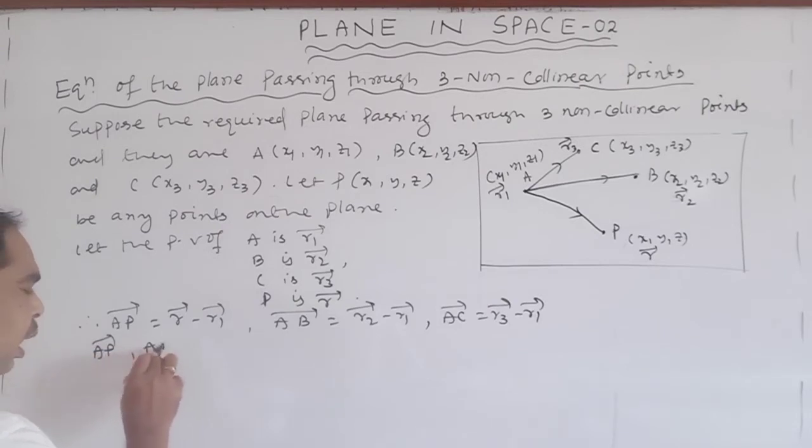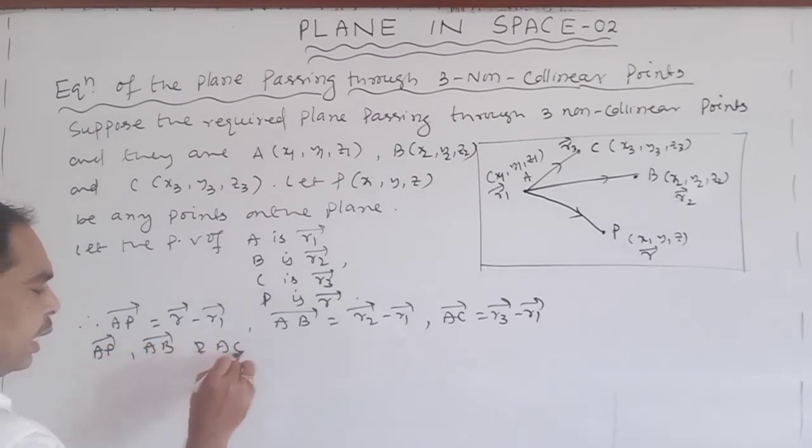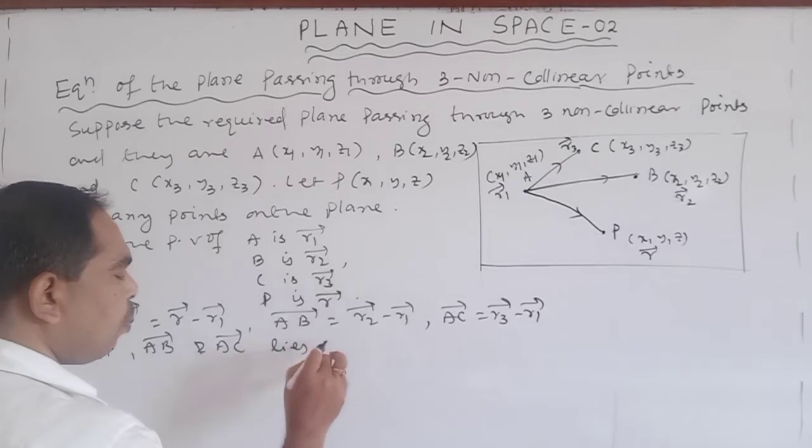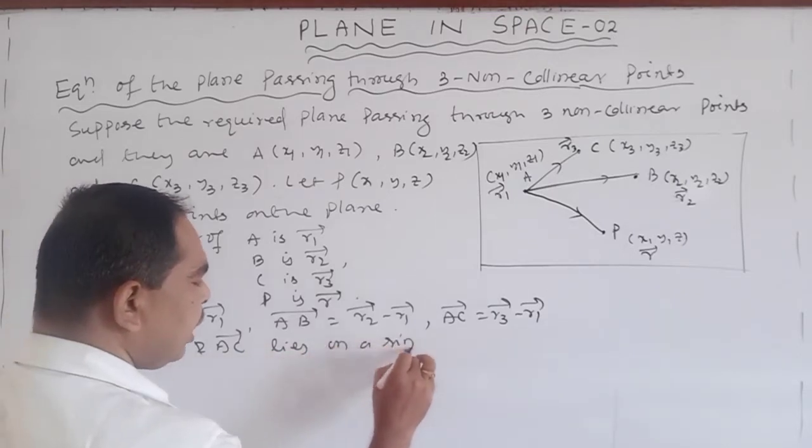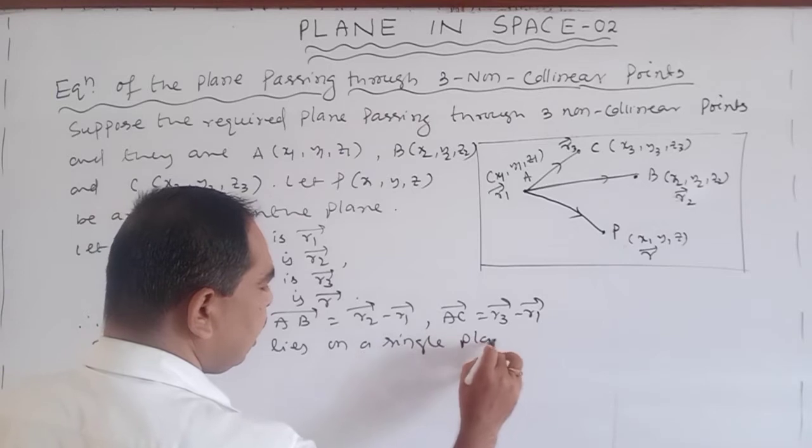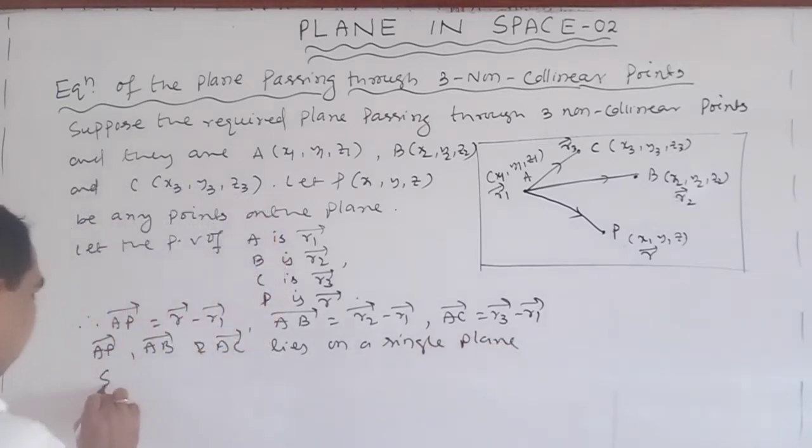AP, AB and AC lie on a single plane, so they are coplanar.